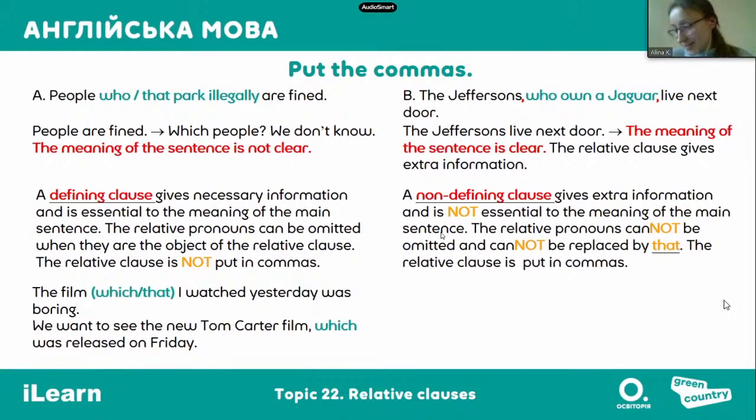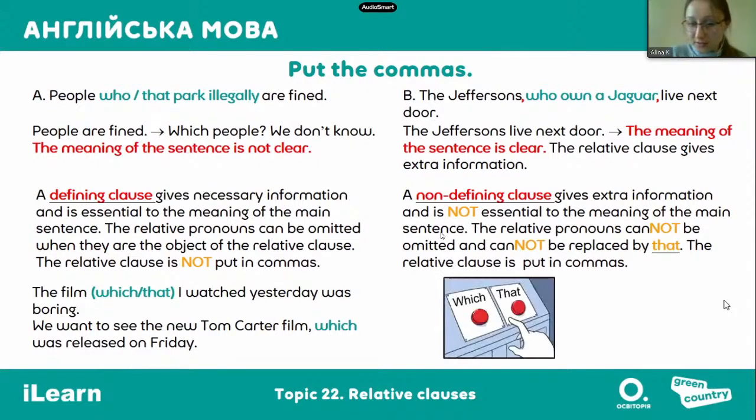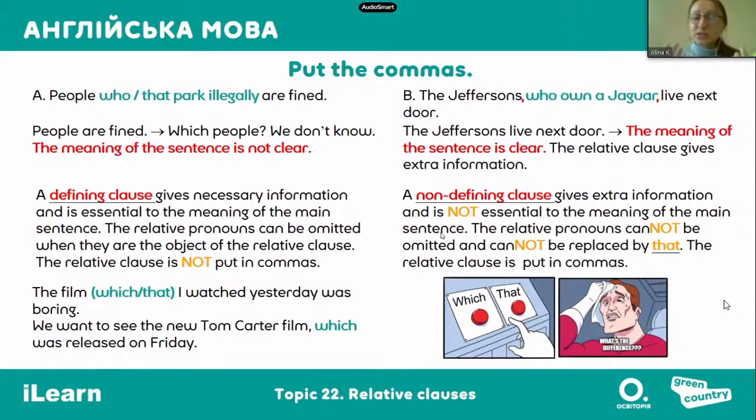No, you cannot see any commas, and you can easily take pronouns out of there, yes? So that means that is a defining clause. And number two, we want to see the new Tom Carter film, comma, which was released on Friday. That is a non-defining clause, which gives us some extra information. Yes, and surely we should put a comma there.